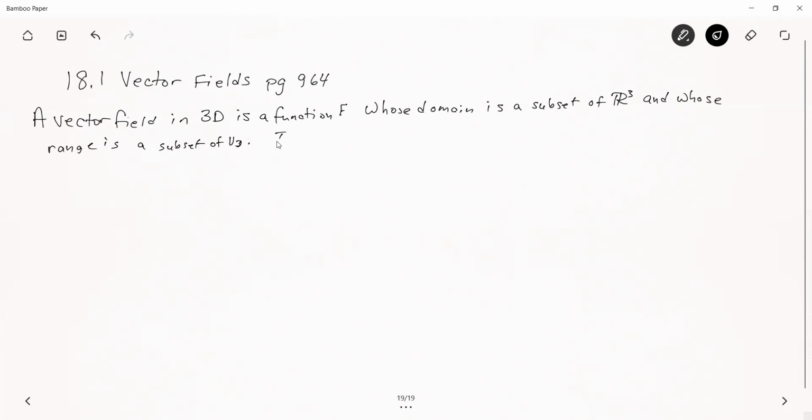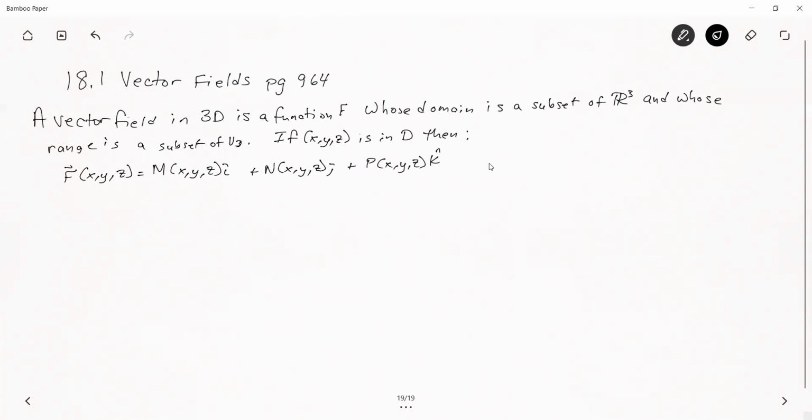If your (x, y, z) is in the domain D, then you have F of x, y, z is equal to M of x, y, z i hat plus N of x, y, z j hat plus P of x, y, z k hat.